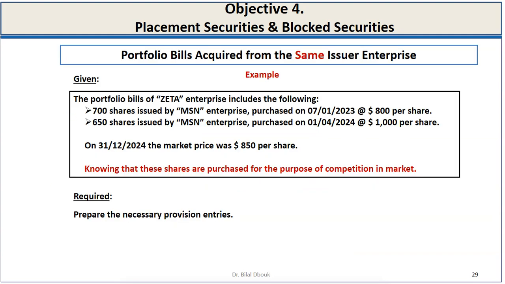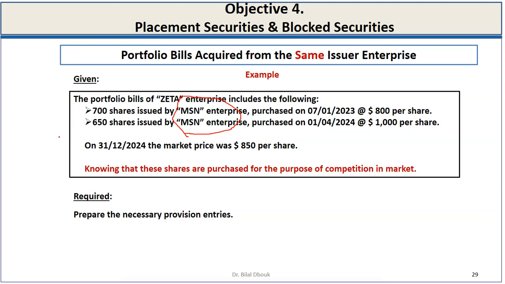Here the portfolio bills are acquired from the same issuer enterprise. I have portfolio bills of Zeta Enterprise, which includes the following: 700 shares issued by MSN, purchased on 7/1/2023 at $800 per share, and 650 shares issued by MSN Enterprise. So here, as you can see, we have the same company which issued at two levels.